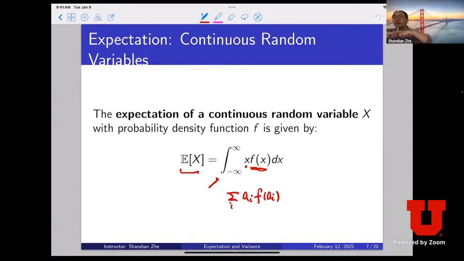You integrate across the whole value range of X, x times the probability density function f. That's the definition. By the way, what's the integration of f(x) alone? It's just one, right? Remember, this is the definition of the PDF. Any questions regarding the definition of the expectation? Great.